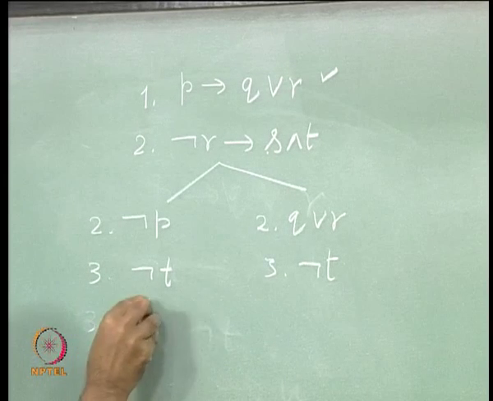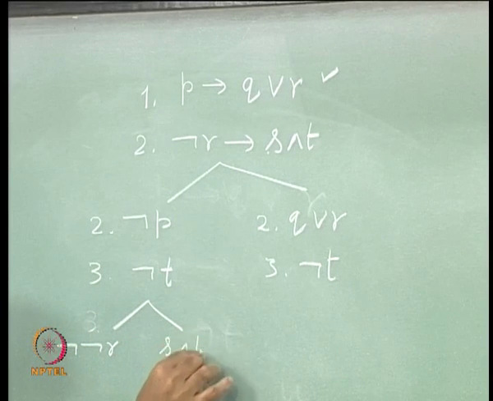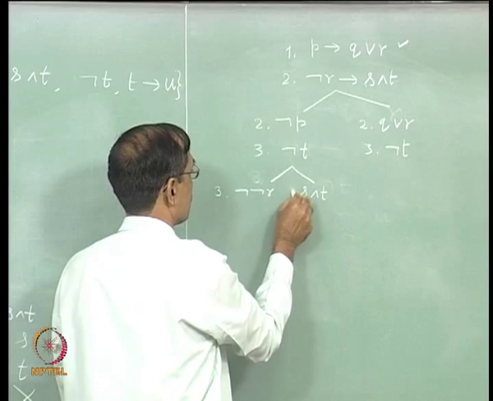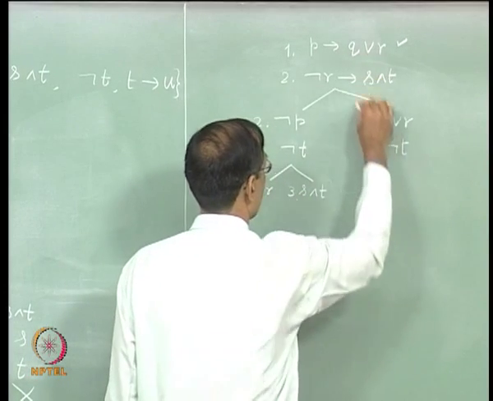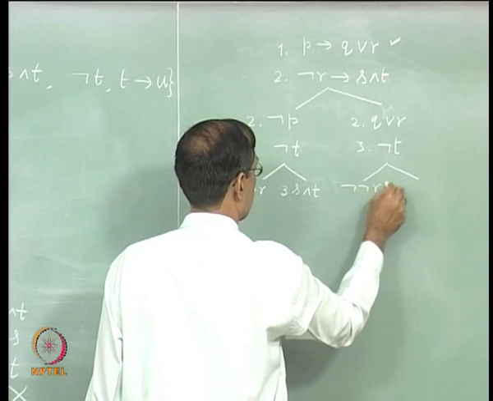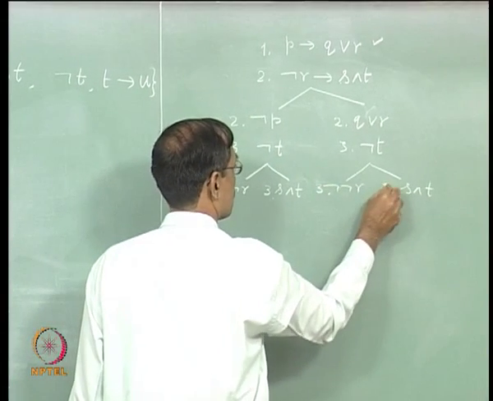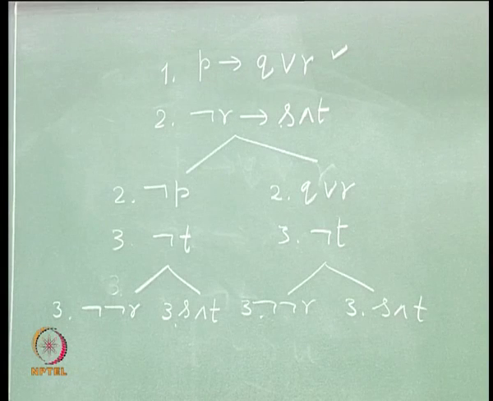So, it will have not R, S and T, all these are done in third stage. Here also there is another open path, same proposition is taken there, S and T, they are my third stage. Okay. Third stage is over, that is the only thing I have to do.